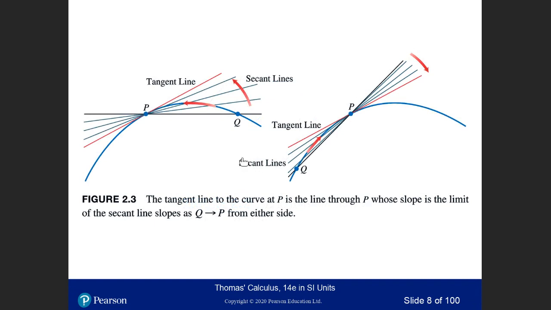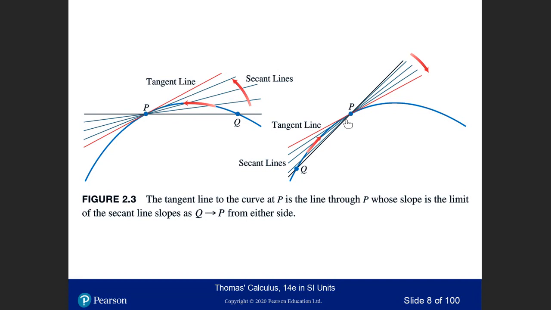Now let's see this figure. You have point P and point Q here, and this line joins points P and Q. That's the secant line. Now, what happens if I move Q towards P? The slope of the secant line changes, and at the limit, it gives the tangent line.